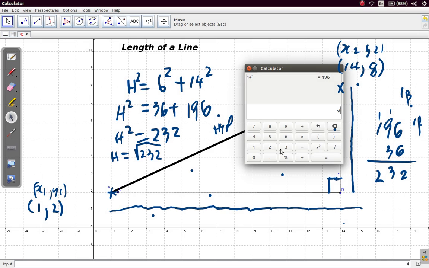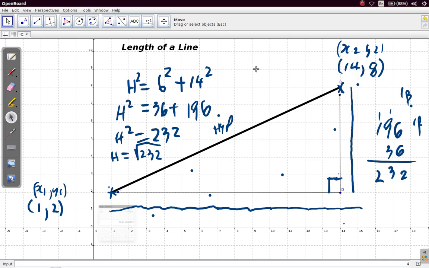The square root of 232 is 15.23. Call it 15.23. So the length of our line here is 15.23 units. If these were centimeters, we'd say centimeters. So we use Pythagoras theorem to do the calculation. Right?